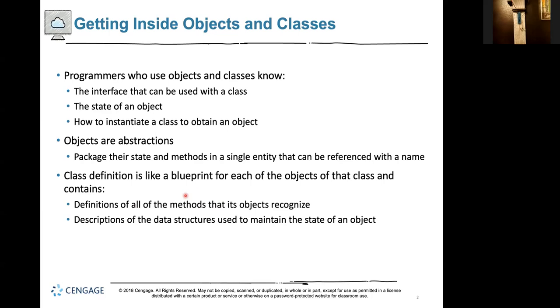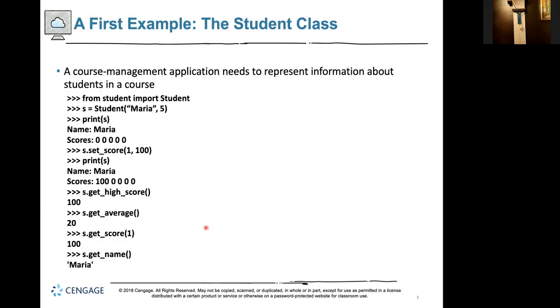These are also functions, but defined inside the class. They are meant to be invoked on objects of the class, not as free-form functions. So these functions that belong to a class are called methods. Then you may also have a description of the data structures used to maintain the state.